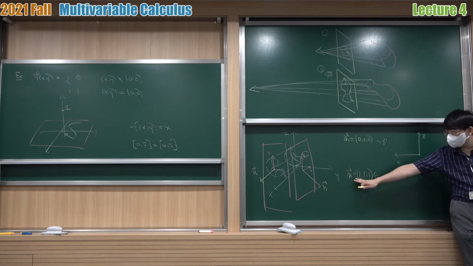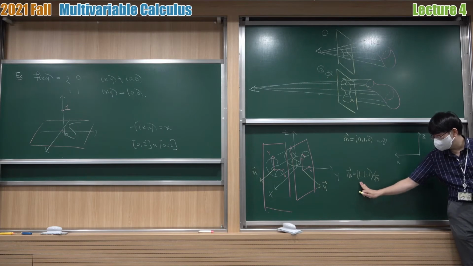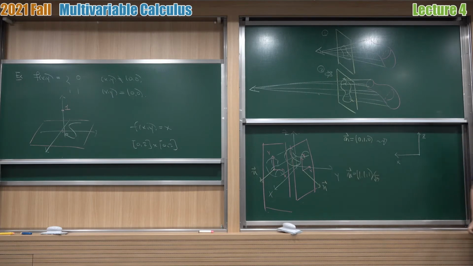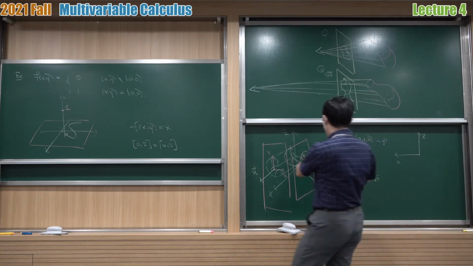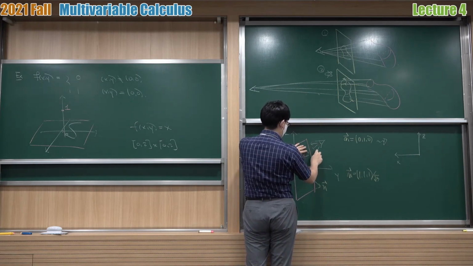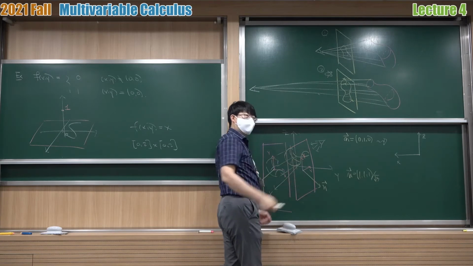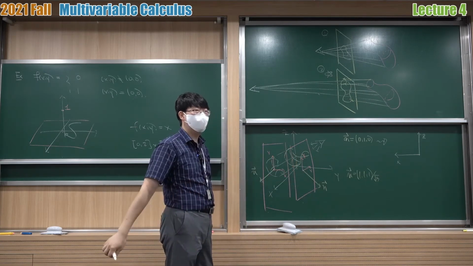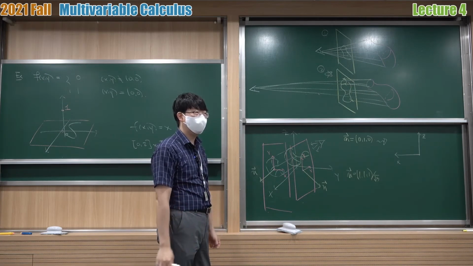Your glassy canvas is orthogonal to (1, 1, 1). So it's like you're looking at here, right? And right in the middle of the XYZ axes.